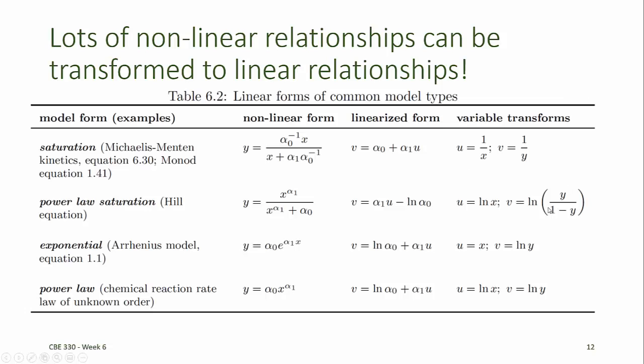The corresponding transformed u and v variables in the linear form are shown here. Many exponential models can also be linearized by taking the natural log. Here, the variable transformation is u is equal to x and v is equal to the natural log of y. Power laws can also often be linearized by taking a natural log.